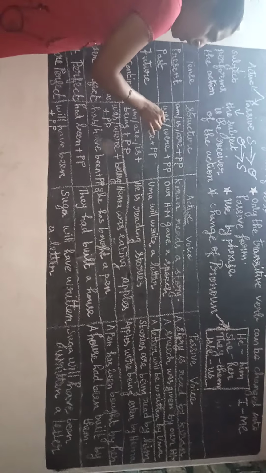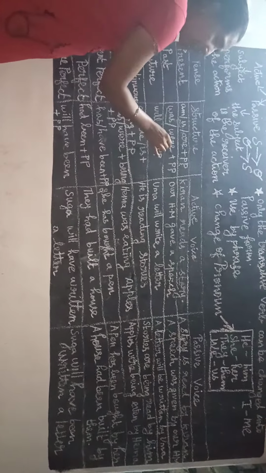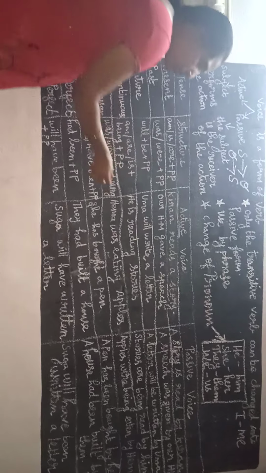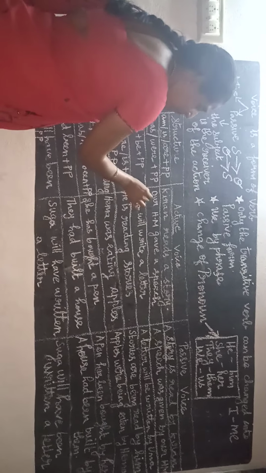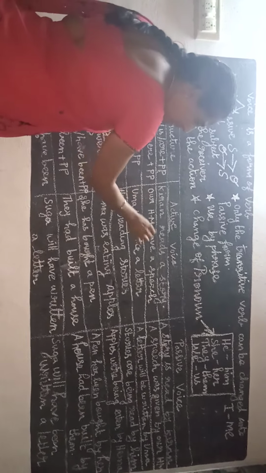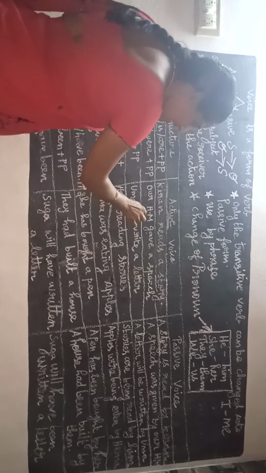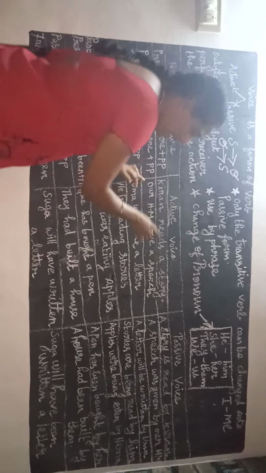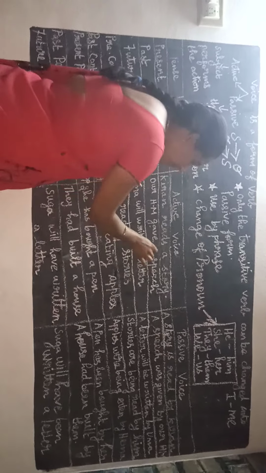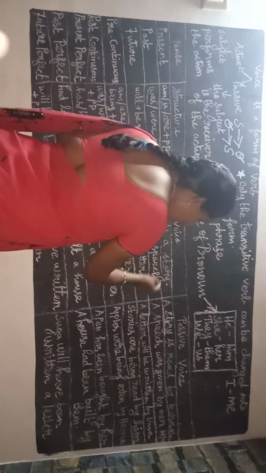In that same way, in the past tense, for a singular subject we have to use was, and for a plural subject we have to use were. For example, in active voice: Our HM gave a speech. While changing this sentence, the speech is an object, and it changes into a subject.